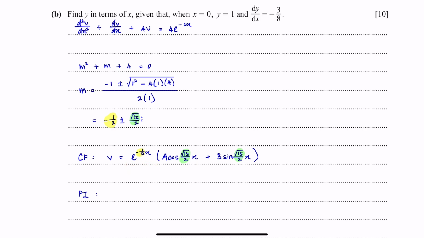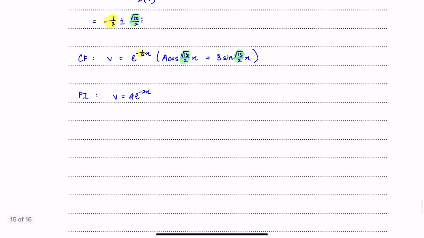So we can write the particular integral as v equals a e to the minus 2x. So dv/dx would be -2a e to the minus 2x, and d²v/dx² will be 4a e to the minus 2x.